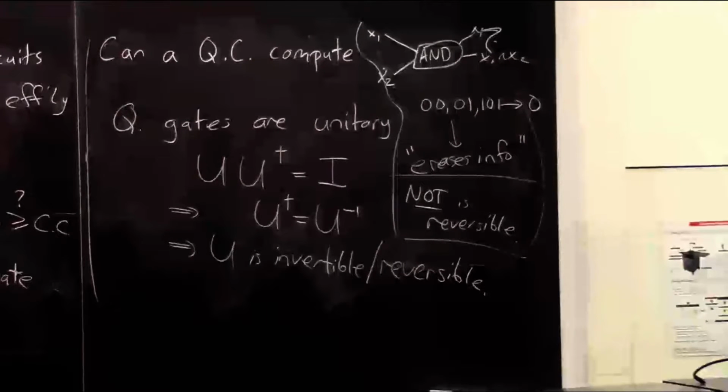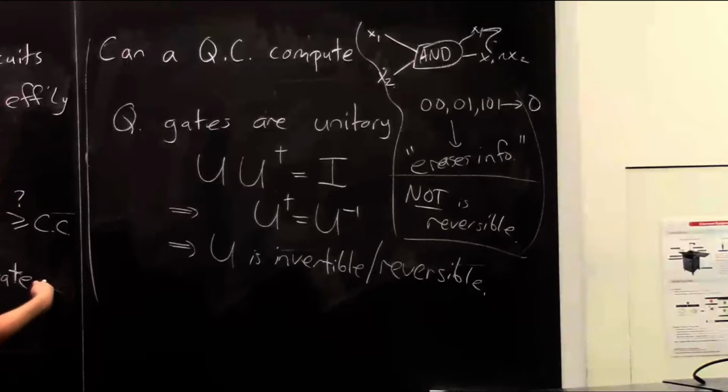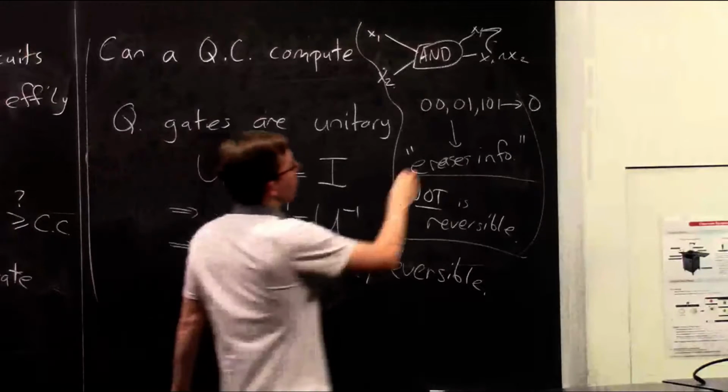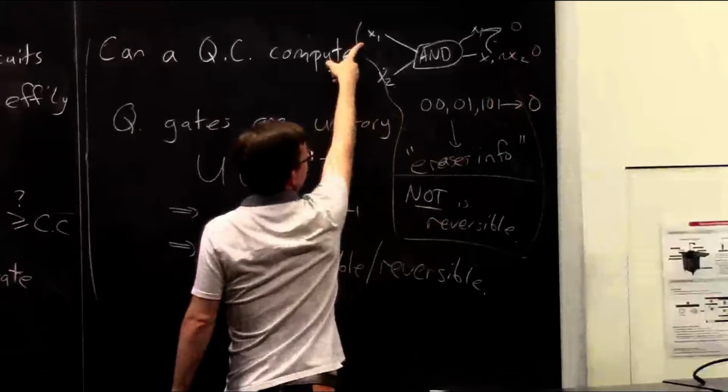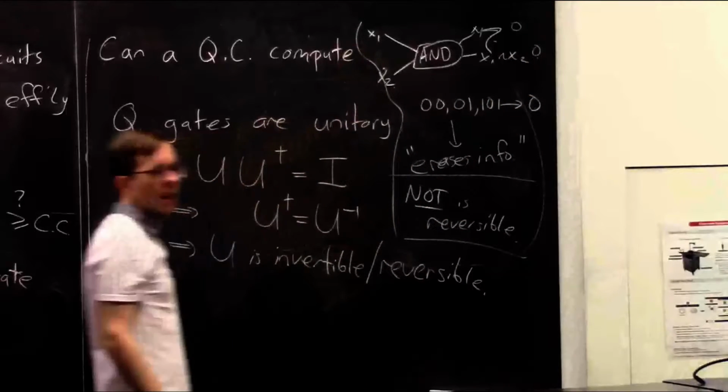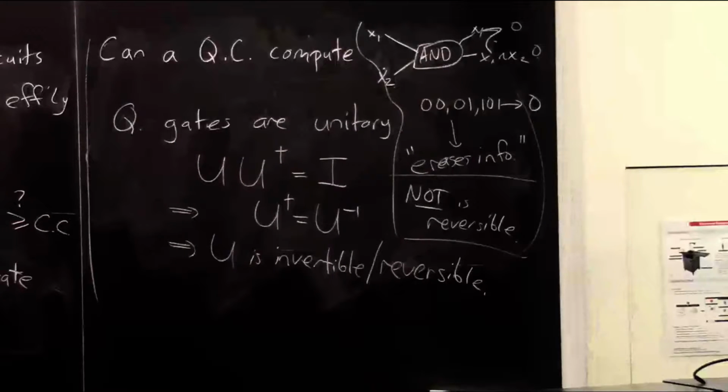Probably now there's more cases where you could infer what the input was based on the output. I think now you're only stuck if you see 0, you're not sure if this was 0 or 1. Probably that would mean this needs to dissipate less heat. In fact, we're going to see a trick where you'll be able to fully reverse everything.